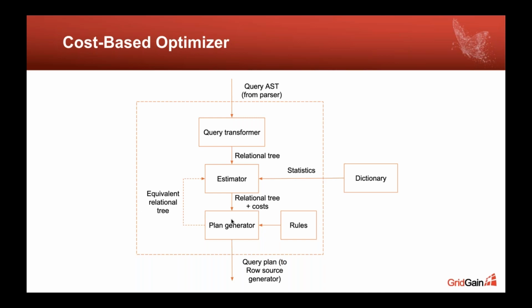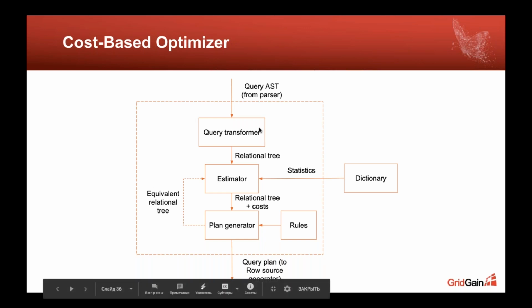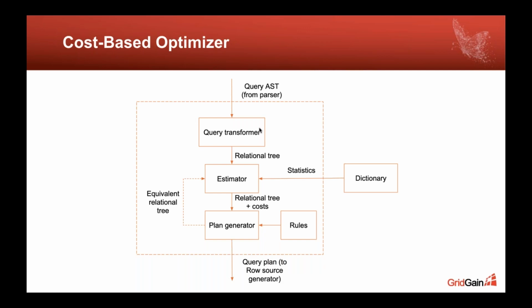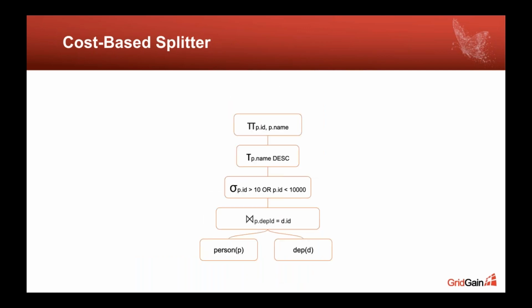The plan generator generates another relational tree, which is equivalent to the previous one but has different costs. And they do this in a loop until they run out of planning time or find the best plan ever. So we have a plan, but they need to split it.